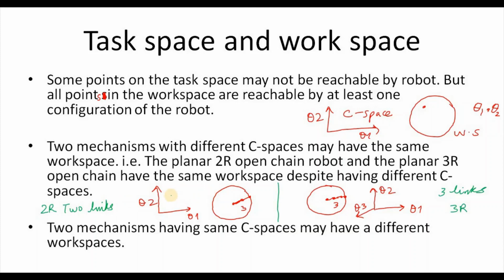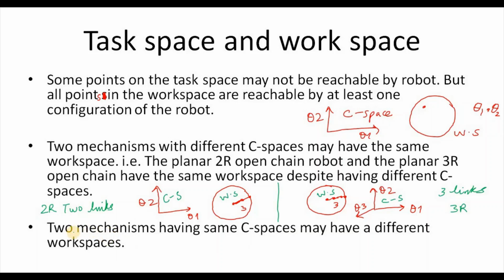So this is your Cspace and this is your workspace. This is the relation between your Cspace and the workspace. The planar 2R open chain robot and the planar 3R open chain robot have the same workspace despite having different Cspaces. We have described this by this example.